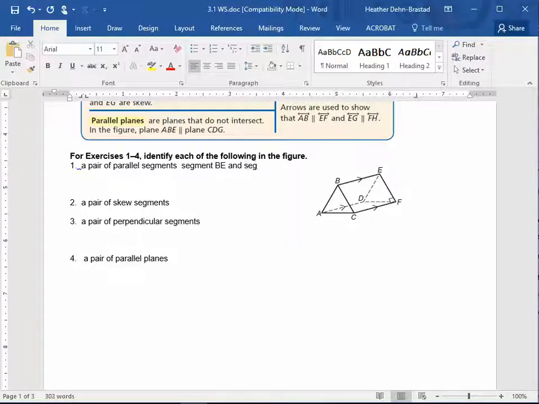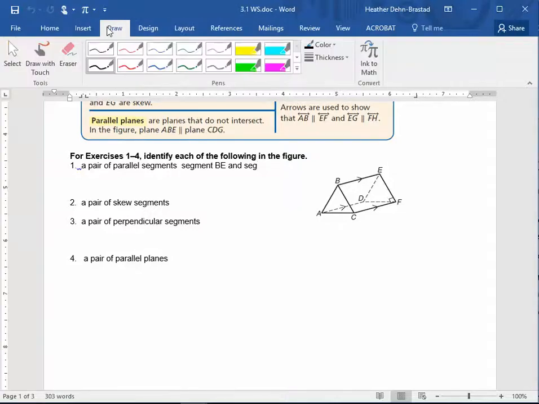If you printed this out and you're using a pen to do this, then you can do a better job of labeling your segments by putting the little line above it. BE would be with the little segment line above there. And then you could label CF with the little segment above it. So depending on which method you're using to fill this out.